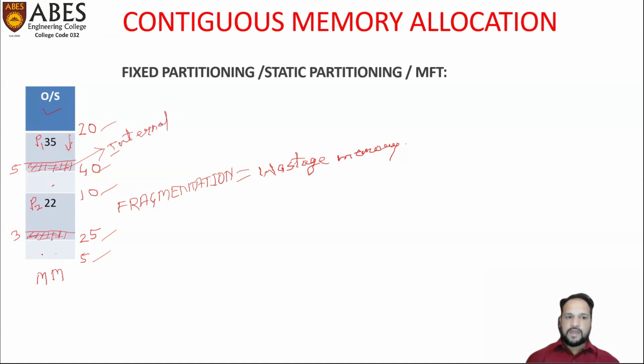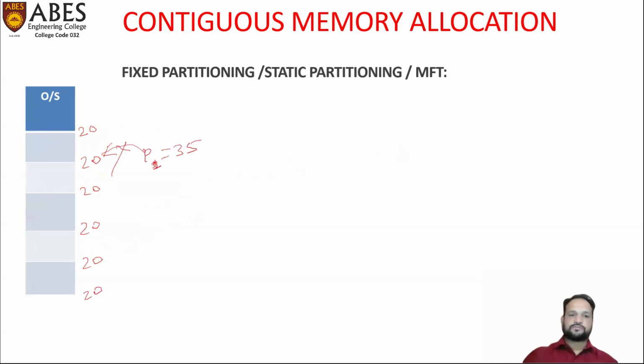And the leftover part of memory, which is not allocated to any other process and is left blank, is considered external fragmentation. So internal fragmentation means the fragmentation which is the internal part of an allocated partition, and external fragmentation is due to unallocated partitions.